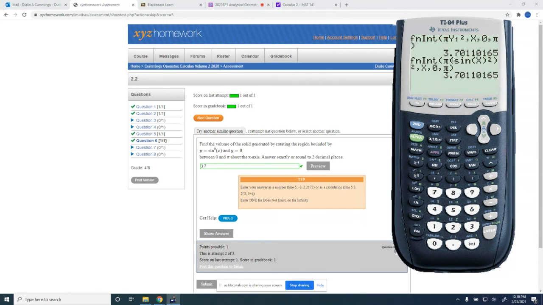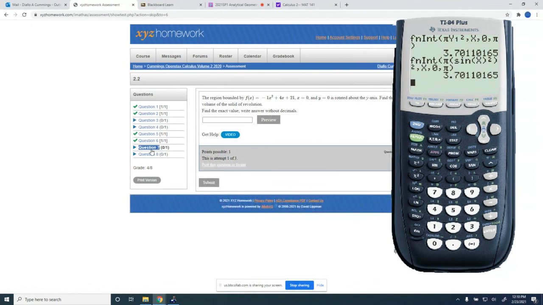Okay, so make sure you take your function, which in this case is sine x squared, and then you must square it again. Okay, because this method formula calls for the radius squared. Right. So I believe that this method is used for problem number 7 and for problem number 8.